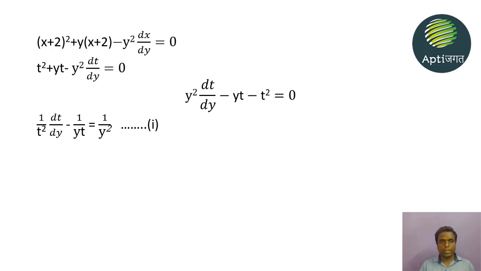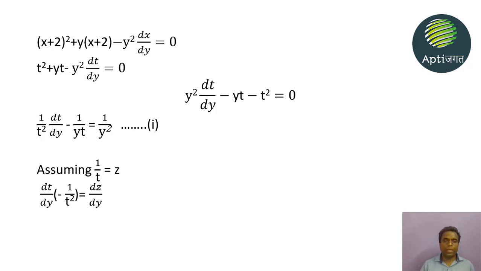If we solve it further, we get 1 by t square dt by dy minus 1 by yt equal to 1 by y square. Now we will differentiate 1 by t equal to z with respect to y. Let's see what we get. dt into minus 1 upon t square equal to dz by dy.